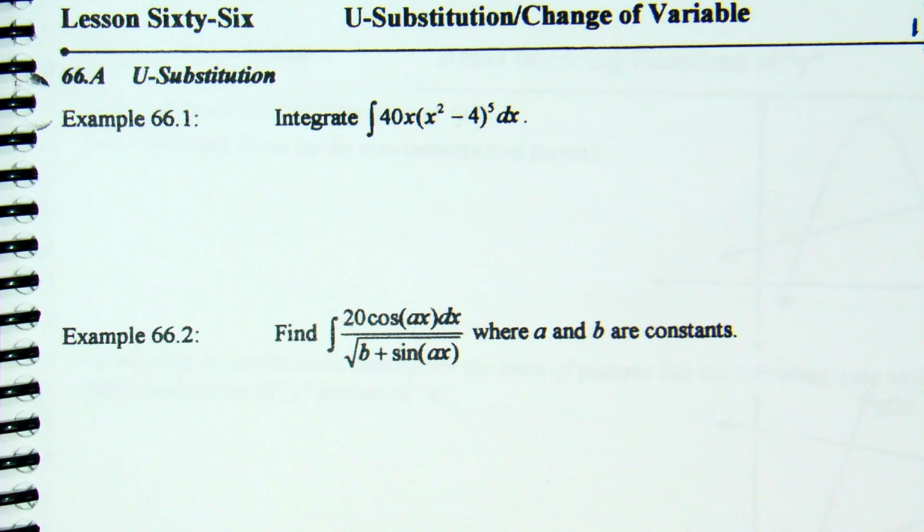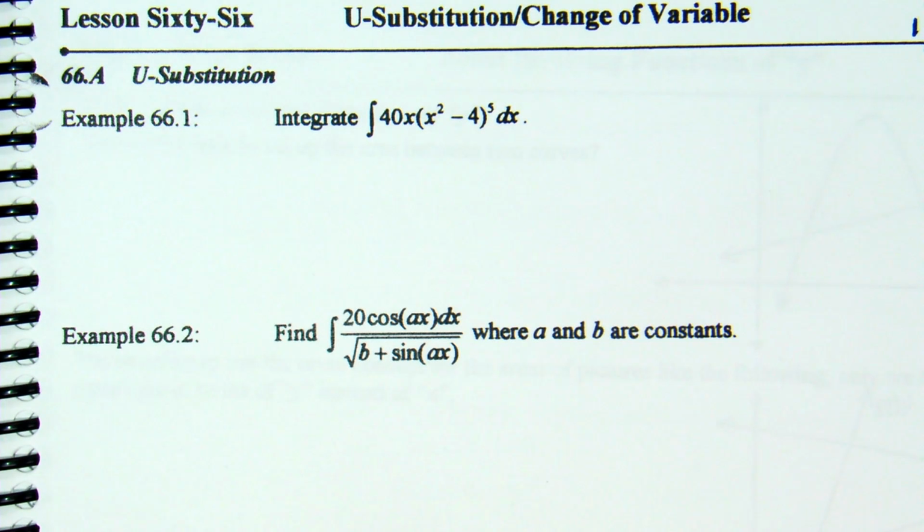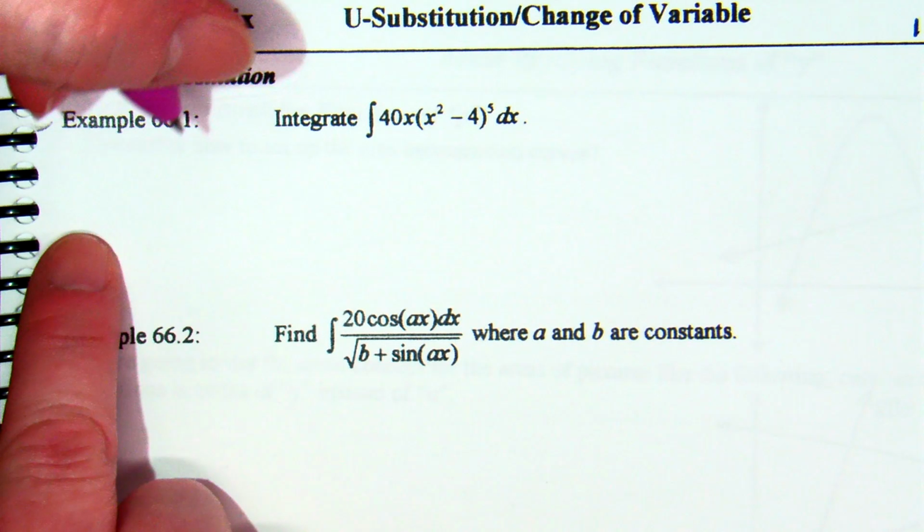If we did this like we would do in the past, what would you think about with this problem? (x squared minus 4) to the 6. Yeah, because we see x squared minus 4 to the 5th as the main piece of this problem, we would guess that the integral would be that same item to the 6th, right? Okay, so with use substitution, we look at what is that inside piece there? That inside piece is x squared minus 4.